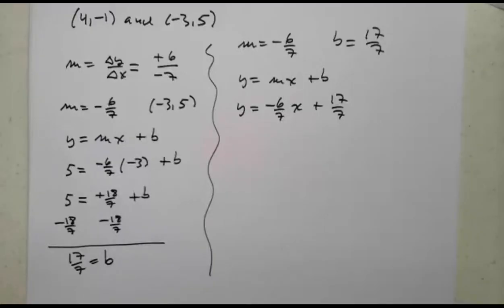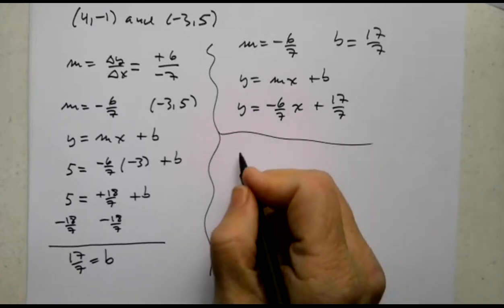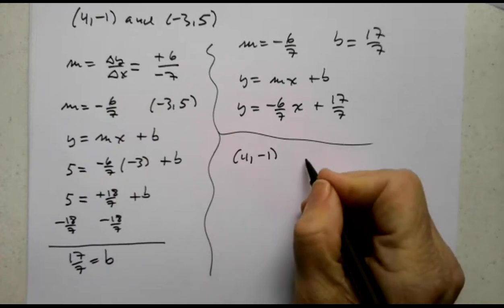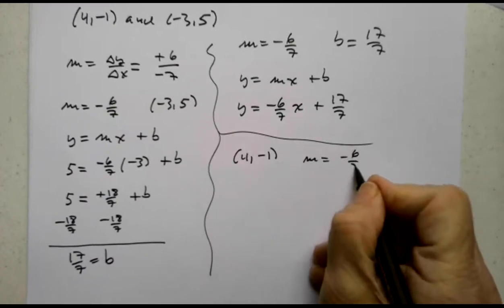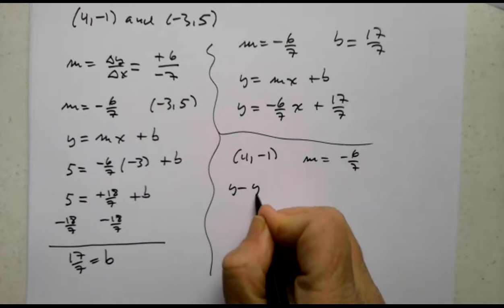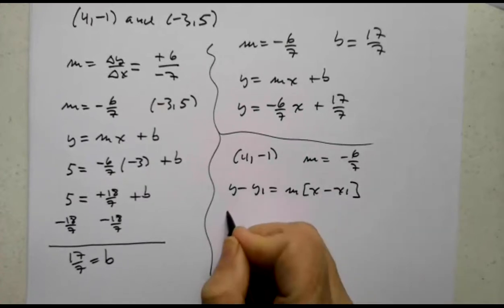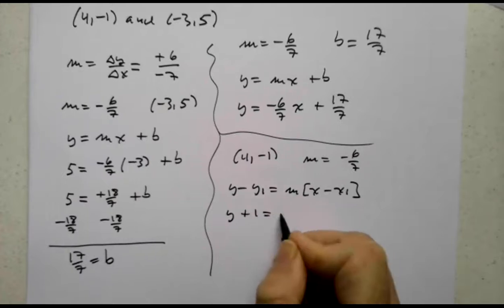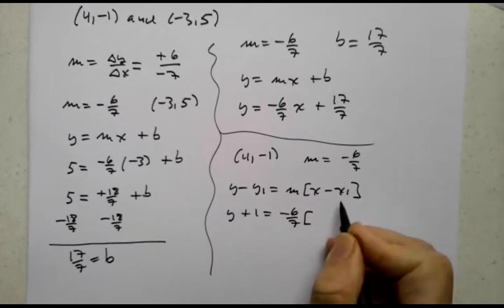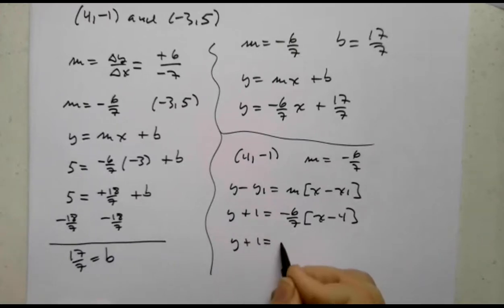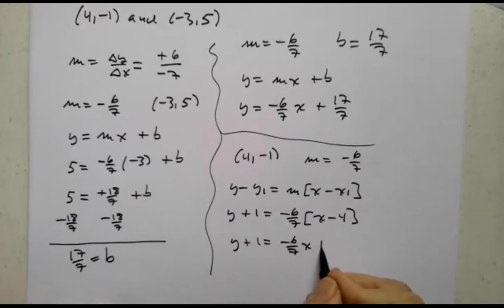And you certainly could have done this with point slope form as well. If you prefer that, your point, maybe this time I'll use 4, -1 as the point instead, just to change things up. And the slope is -6/7. Point slope form, y minus y1 is m times x minus x1. So y minus -1, y plus 1, and -6/7, x minus x1, x minus 4. y plus 1 is negative 6/7 of x plus 24/7.